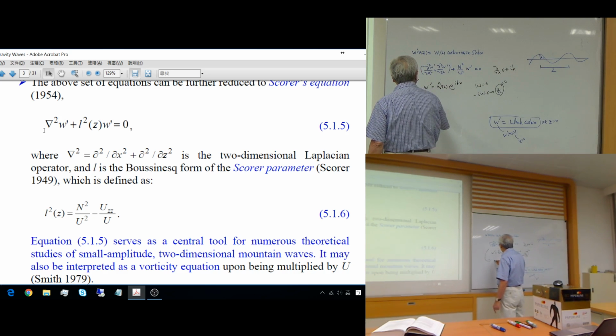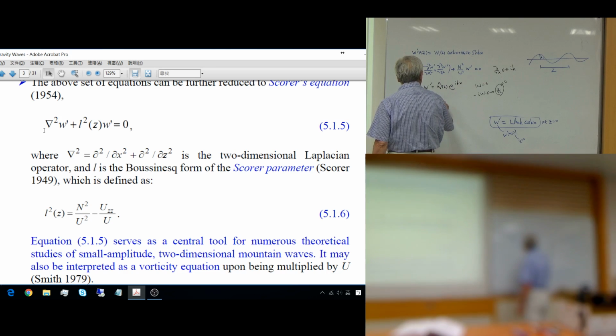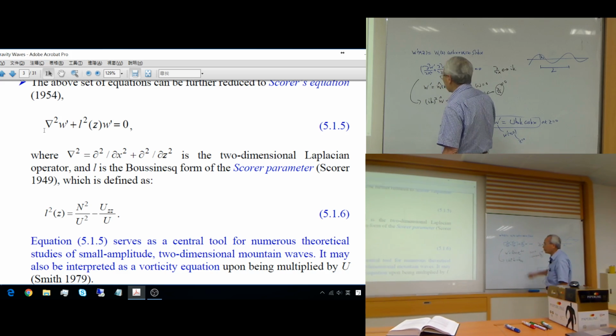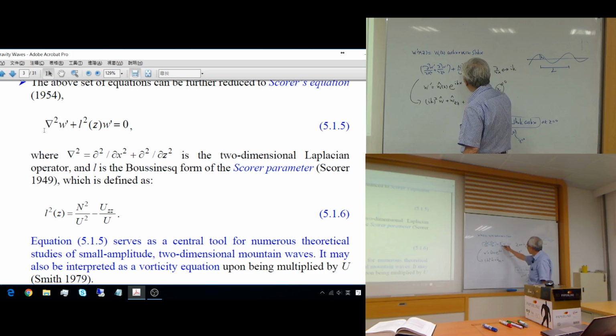So you have (ik) square, and then w hat plus w hat gg, okay, we keep this. And then plus n square over u square, and then w hat equal to 0.